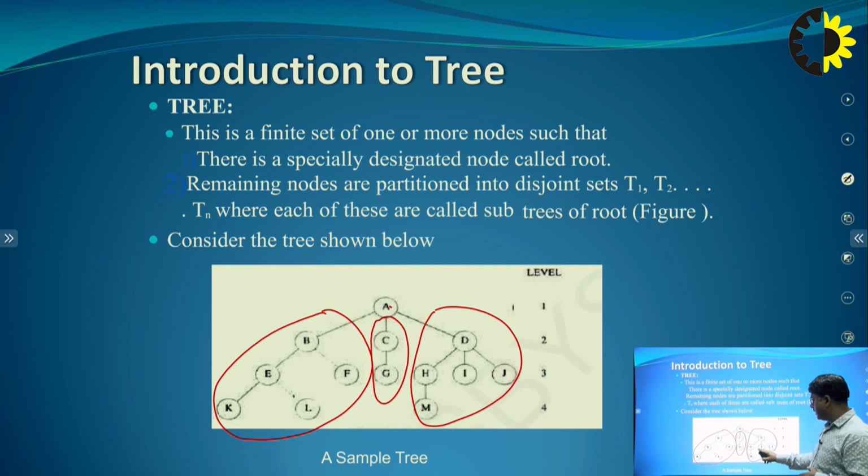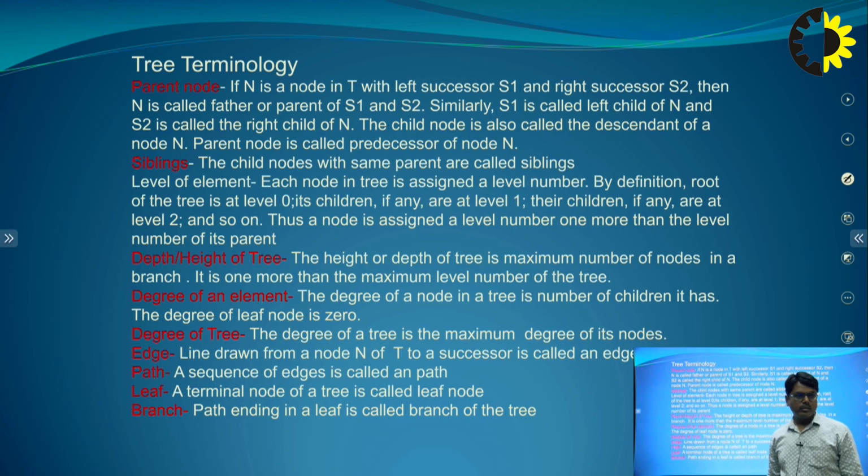Similarly, in case of D, 1, 2, 3, we can count the number of nodes connected with that particular node, and state its degree. Again, if you want to say the degree of B, it will be 2. Similarly, for a leaf node, the degree will be 0. The degree of a tree is the maximum degree of its nodes.